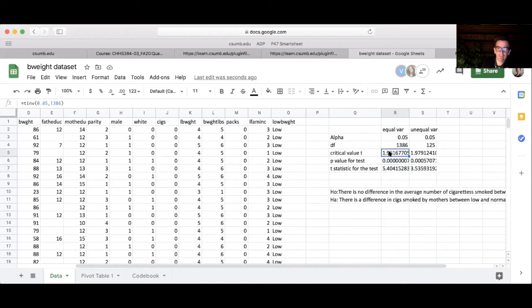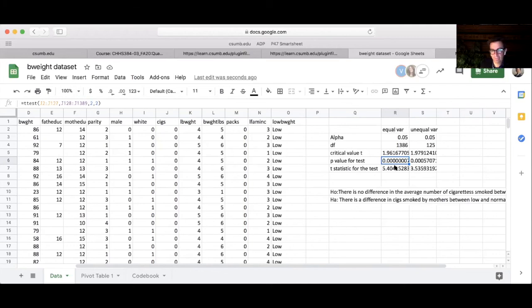And we know this critical value, there's only a 5% chance that you will get this or higher. And ours is much higher. So it's a lot less than a 5% chance that we would get it. And the p-value is telling us exactly the chance of that. There is a 0.0000007% chance that we will get a t-value of 5.4 if the null was true.